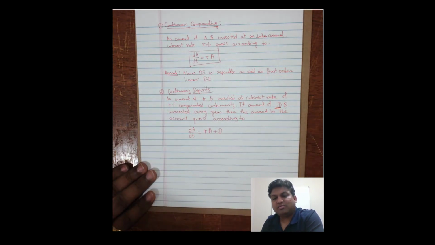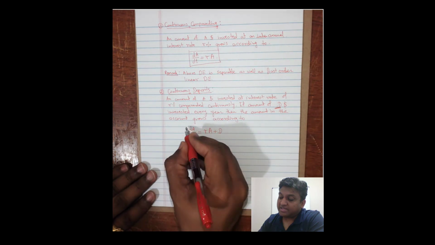A very trivial example would be this: suppose somebody wants to save some money for his or her retirement in the coming 25 years. That person deposits, let's say, $15,000 in some IRA account or some bank account, and would like to make a $1,000 investment every year, and would like to know what amount he is going to get after these 25 years, at the time of retirement.